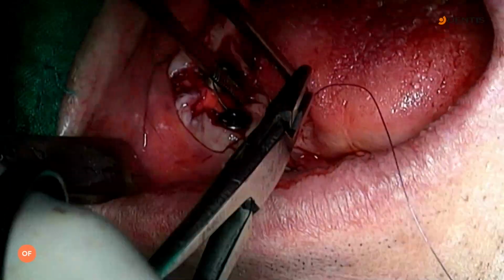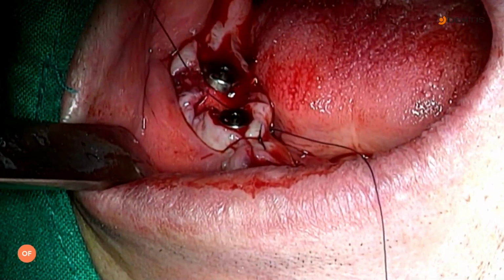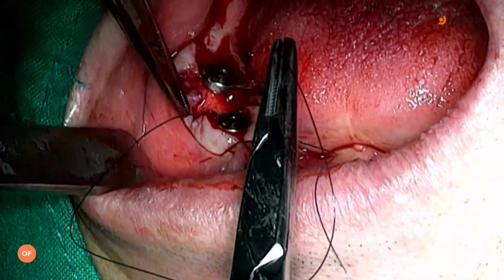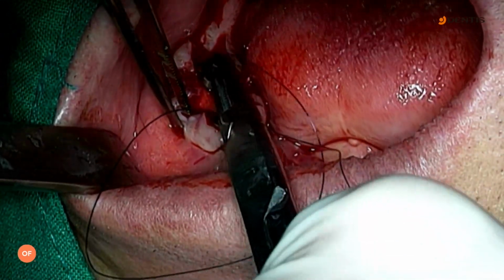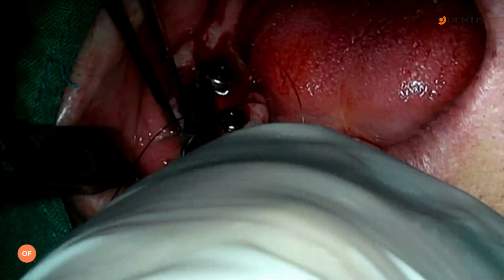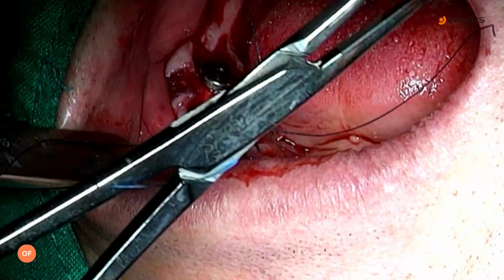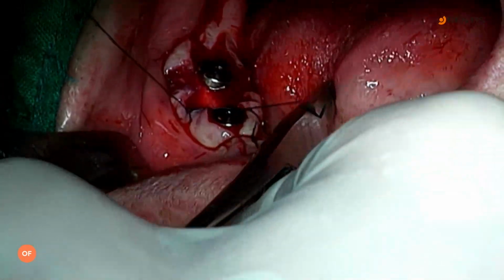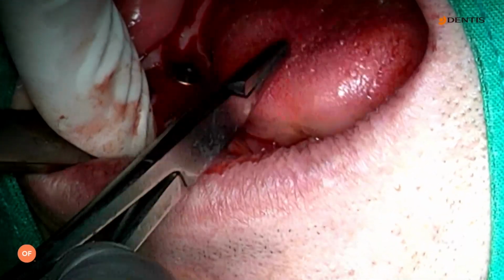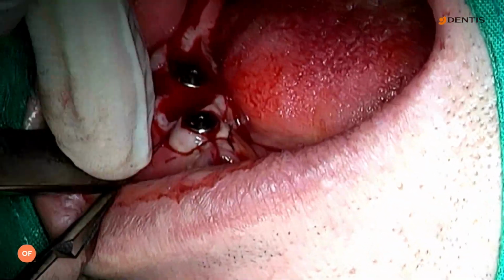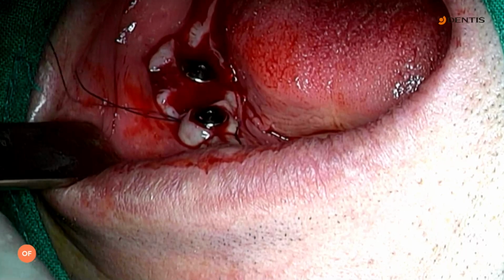And this area. Please keep the papilla as much as possible, just like suturing for papilla closure. This is the tension. My finger, please note, maintains the tension here.